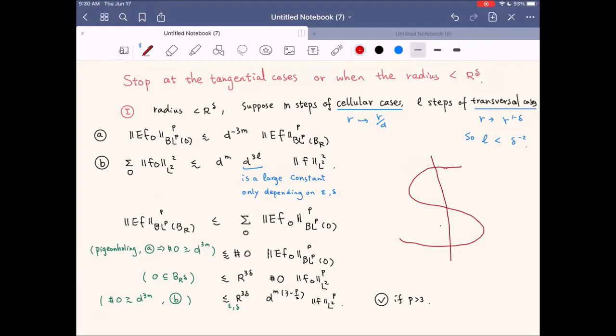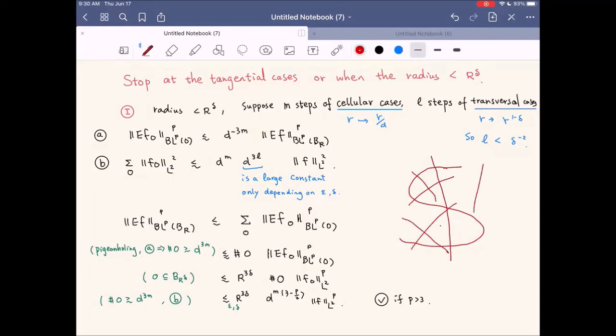As long as p is greater than 5 halves, we win. So we can assume that we are not in the tangential case. And now assume that we are in the cellular case or transversal case. In either case, we will continue polynomial partitioning. And so now we continue partitioning.